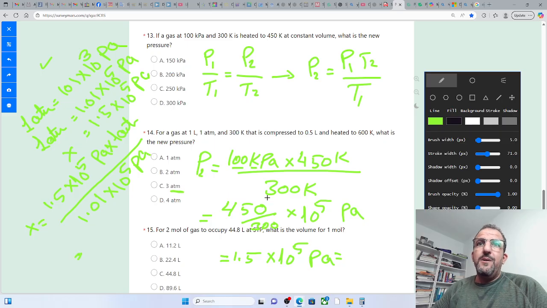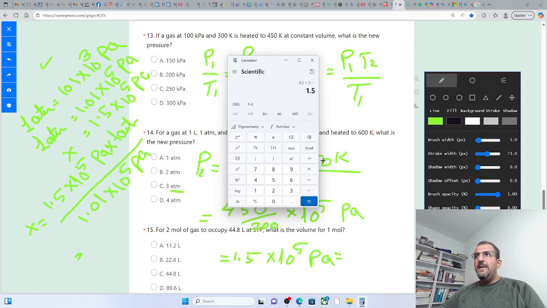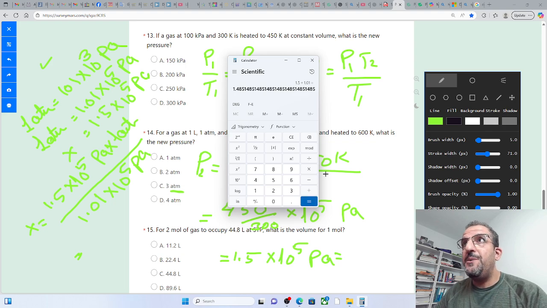So now you will end up with 1.5 divided by 1.01, so that's equal to 1.48, which is pretty close to 2 atmosphere, one of these answers.